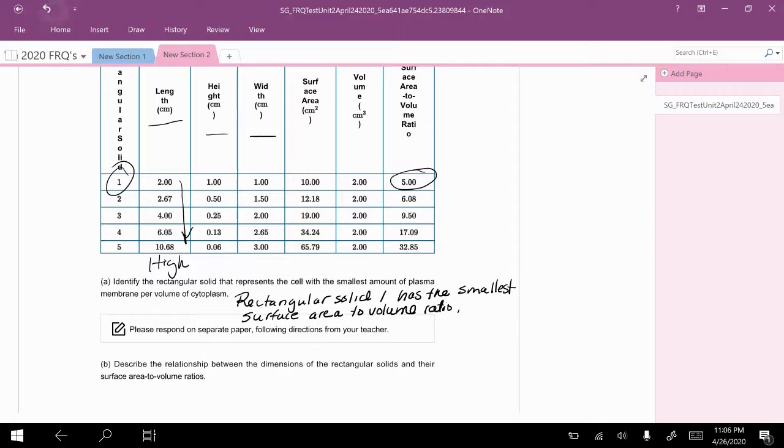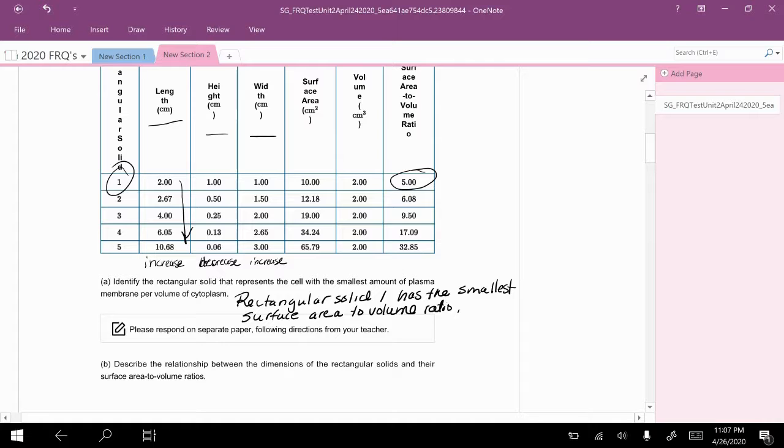So I think you got the idea, but I'm just going to write these clearly for you guys. So the length is increasing. The height is decreasing. And then the width is increasing when I look at these.